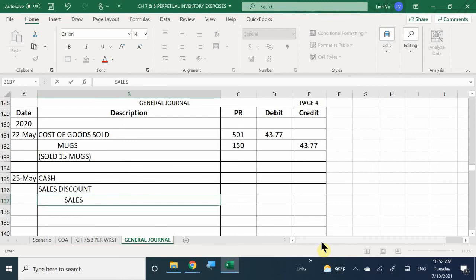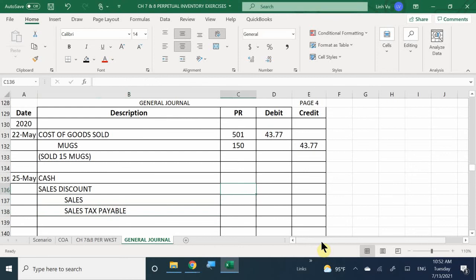And sales tax payable, because in this case I'm charging the sales tax after the discount. In the other one, I already charged the sales tax and now I have to revert it because they received a discount. That's the difference: this one is in store, so I'm going to charge sales tax after the discount.